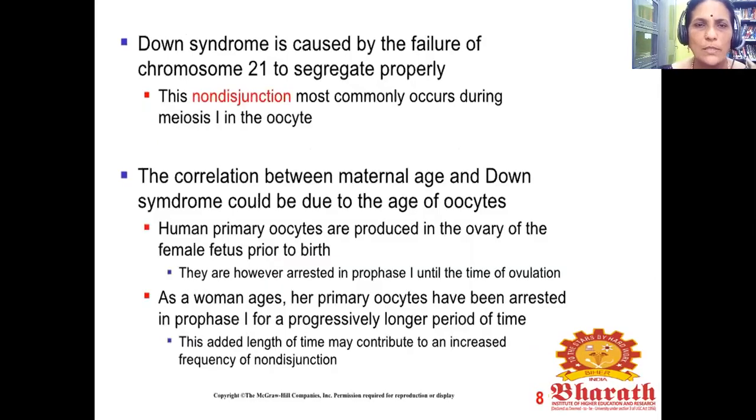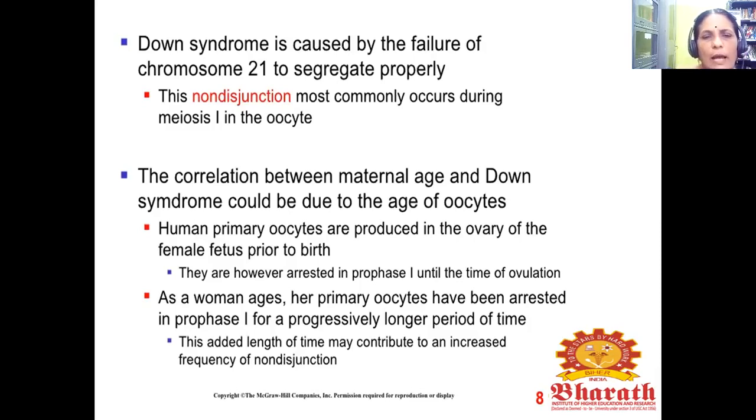Down syndrome is caused by the failure of chromosome 21 to segregate properly. This nondisjunction most commonly occurs during meiosis I in the oocyte. The correlation between maternal age and Down syndrome could be due to the age of the oocytes. Human primary oocytes are produced in the ovary of the female fetus prior to birth.